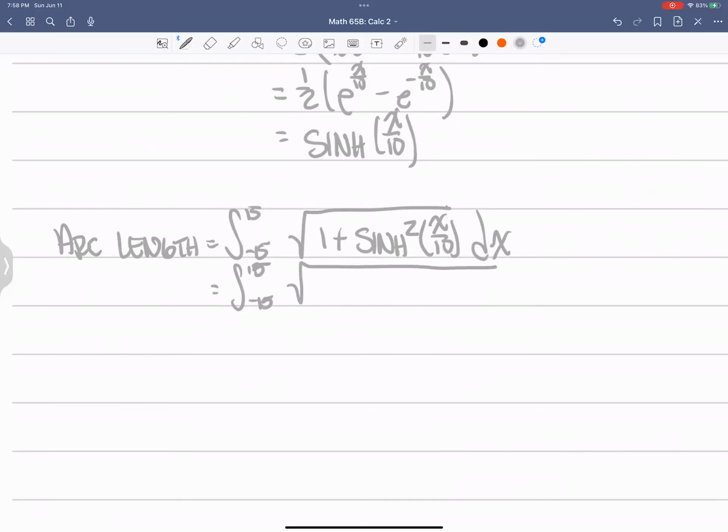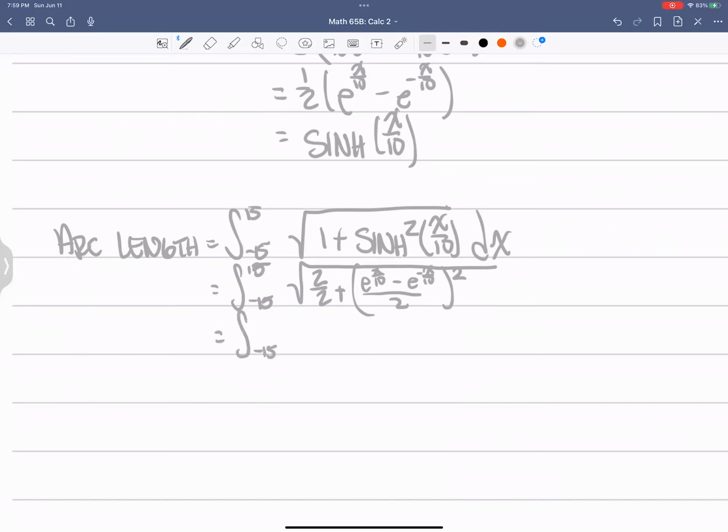We know the hyperbolic sine function is over 2, so I'm going to make this a 2 over 2. We have e to the x over 10 minus e to the negative x over 10, over 2, and we square that.